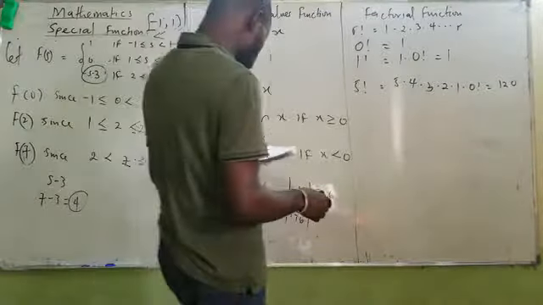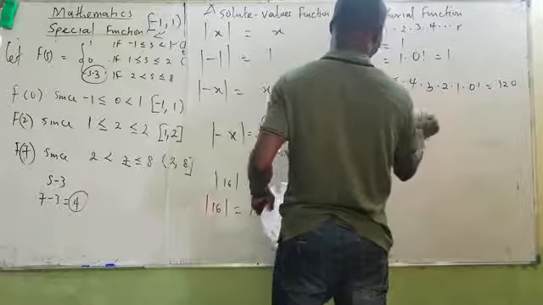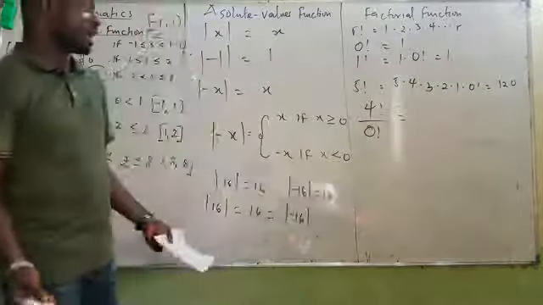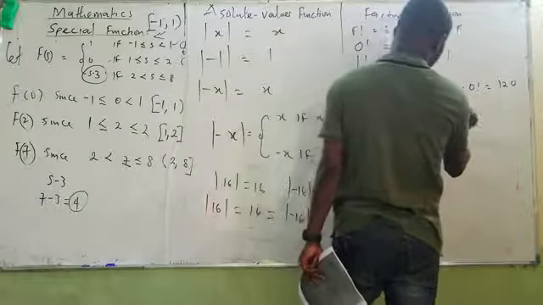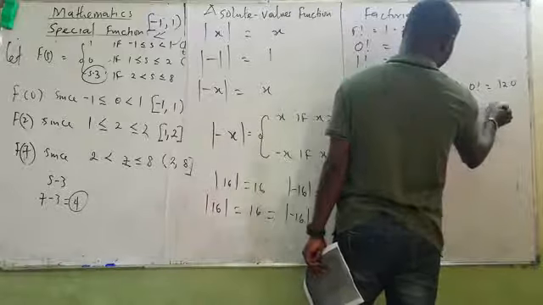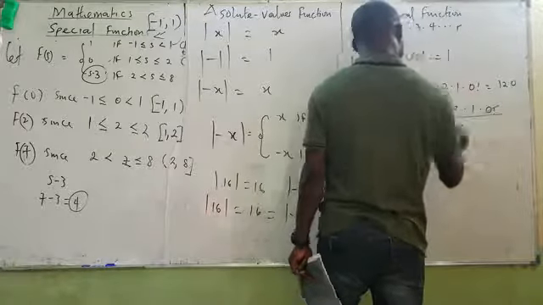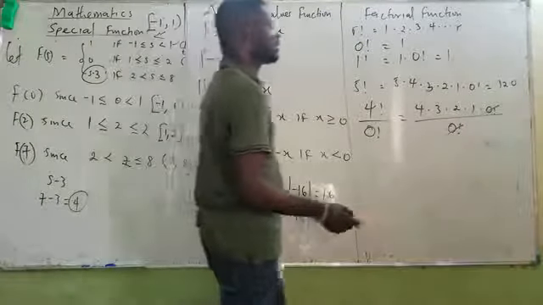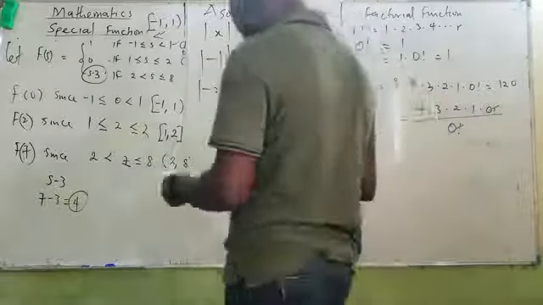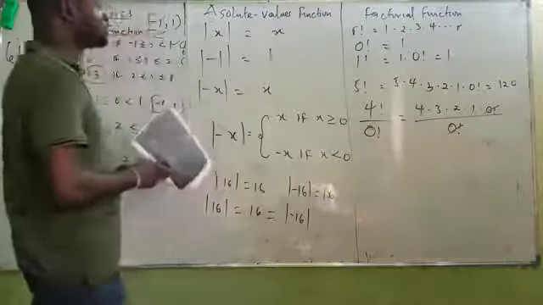For instance, when you have 4 factorial all over 0 factorial, take note of the function of factorial: 4.3.2.1 divided by 0 factorial. This will cancel, and don't forget 0 factorial is also 1. That is what you need to understand.